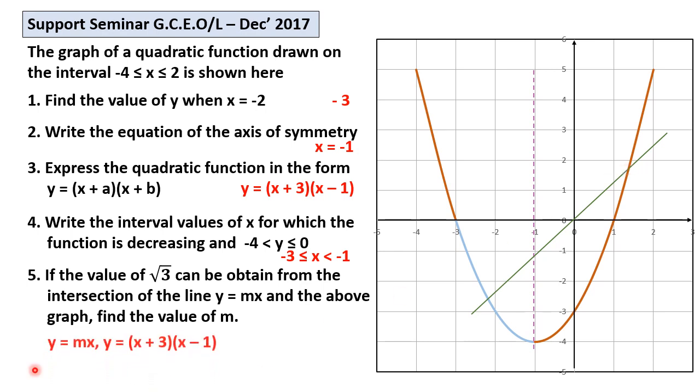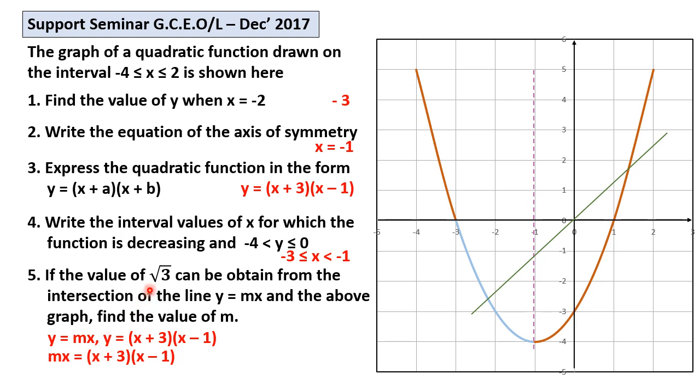Since the y values of both graphs are equal, y equals mx and y equals (x + 3)(x - 1), equalize the y values. Therefore, we get the equation mx equals (x + 3)(x - 1). To find the value of m, we need to substitute for x.